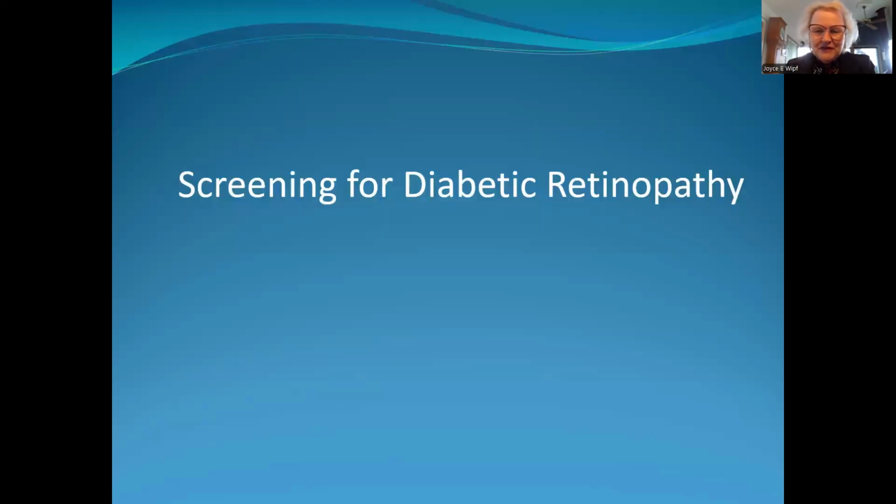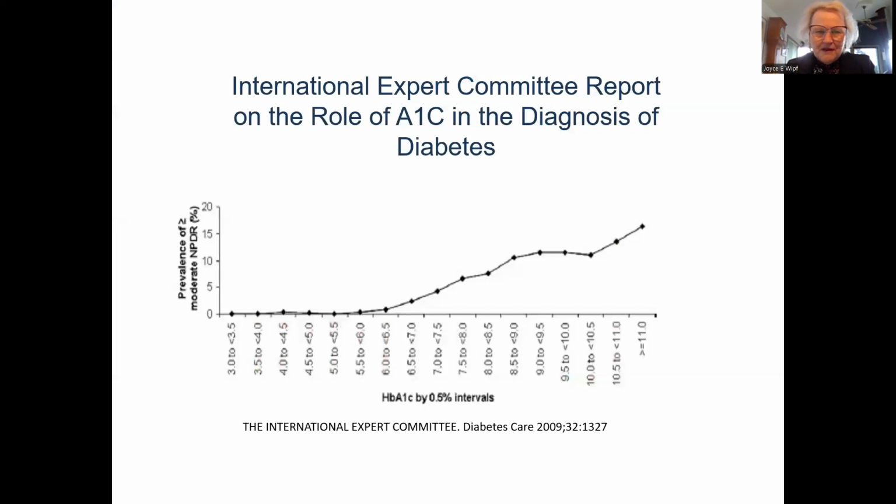So, screening for diabetic retinopathy. One thing I think is really interesting, this slide is from Dr. Earl Hirsch, who's a renowned diabetologist who has used this slide in his talks. The role of A1C in the diagnosis of diabetes took many years to decide exactly what A1C level should be determined as the criteria for the cutoff from pre-diabetes to diabetes.